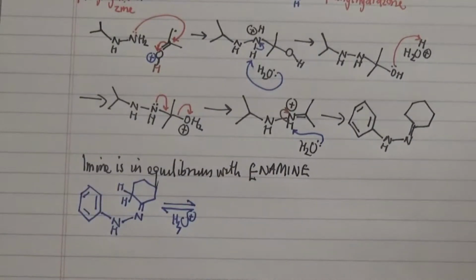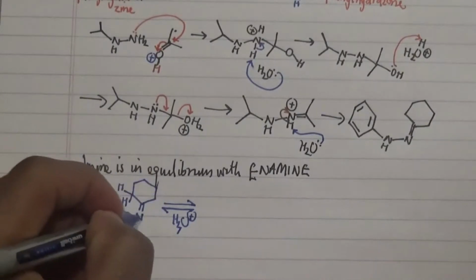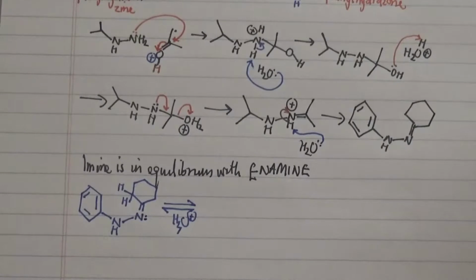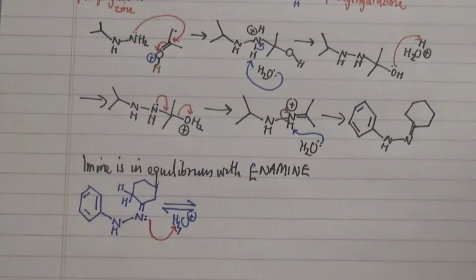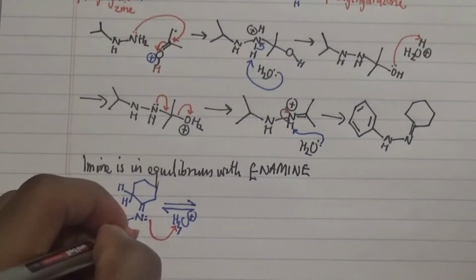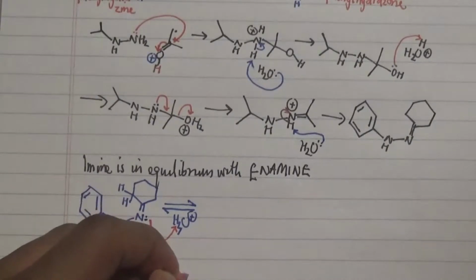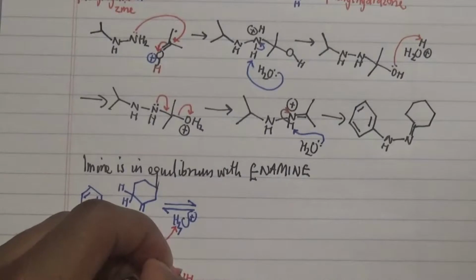So how is this done? What happens in here is that this acid first comes in, and this nitrogen that has a lone pair picks up a proton here by protonation, and what we have is a particular intermediate where we have a nitrogen attached to this hydrogen with a positive charge, and then we have water being formed.